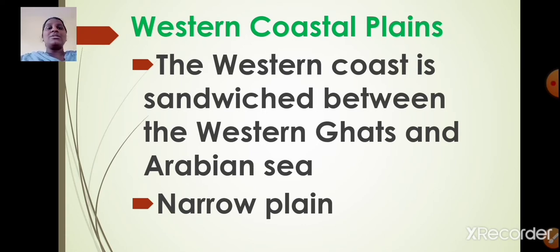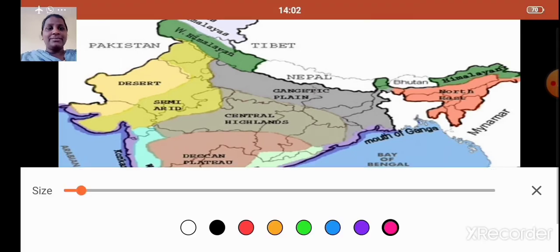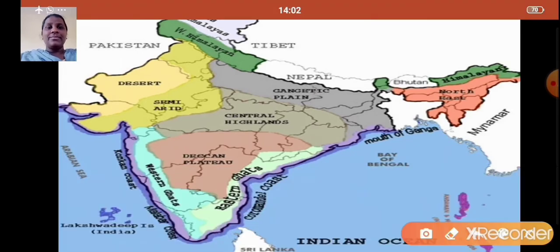The western coast is sandwiched between the Western Ghats and Arabian Sea. Western coastal plains are narrow. So, we will understand this with the help of a map. You can see here the western coastal plain. It is sandwiched between the Western Ghats and the Arabian Sea.